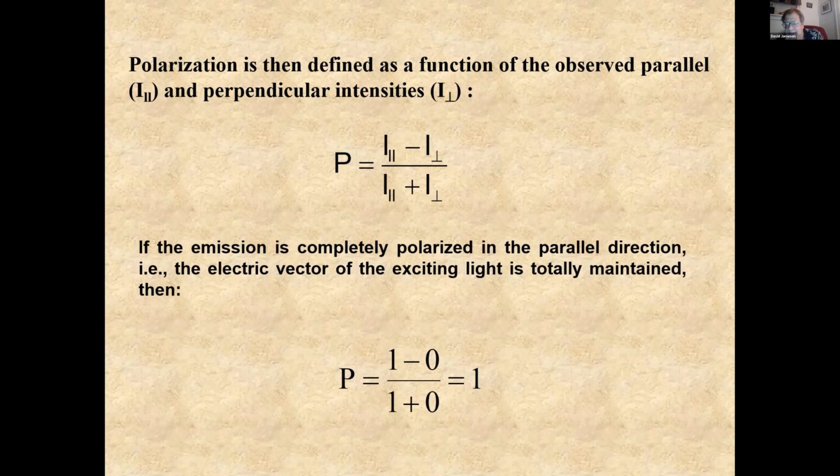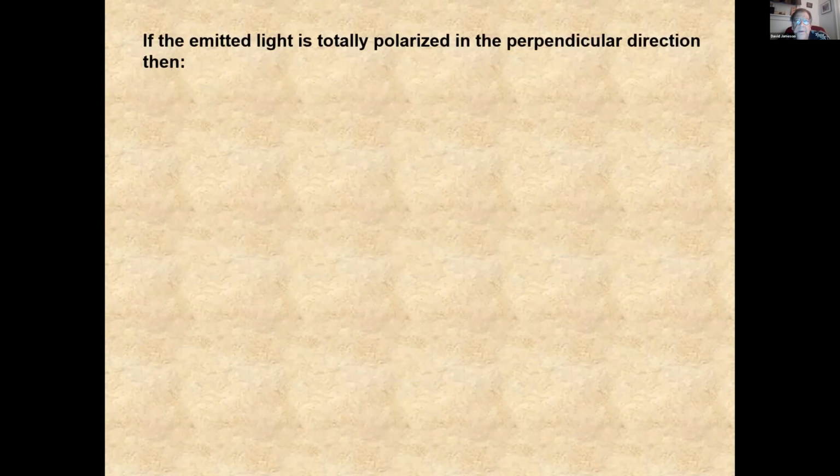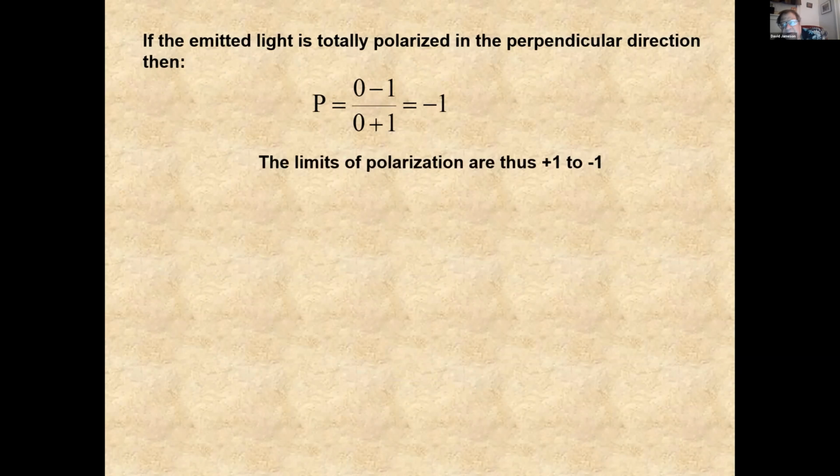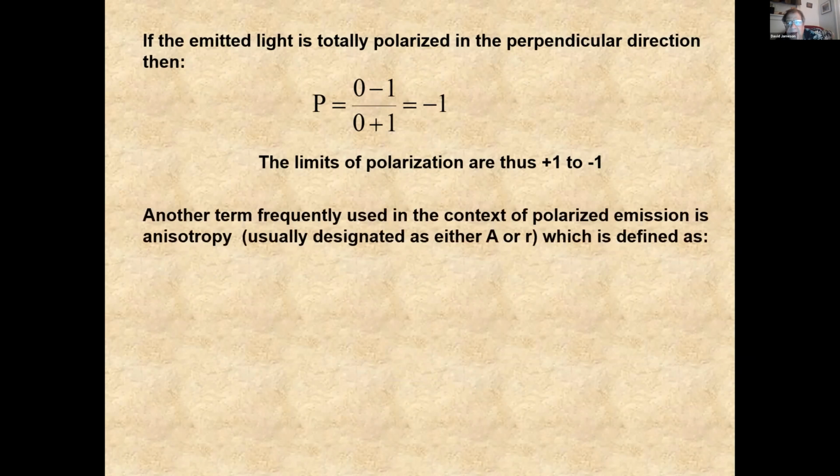We're going to discuss that because it's extremely important for all measurements you may do. If it's totally polarized in the perpendicular direction, you can get -1. And yes, you can actually measure negative polarizations, and we'll see how that can happen. So the limits of polarization, theoretically, mathematically, are +1 to -1.